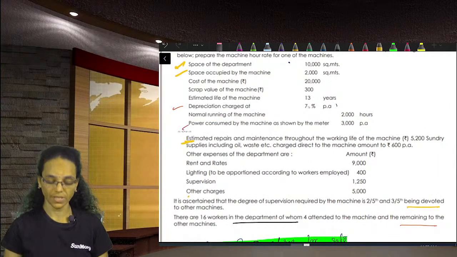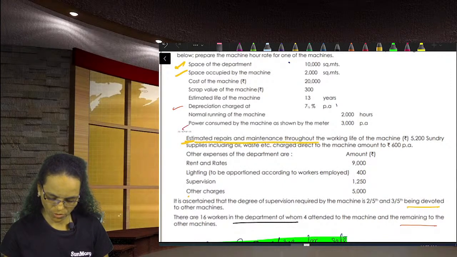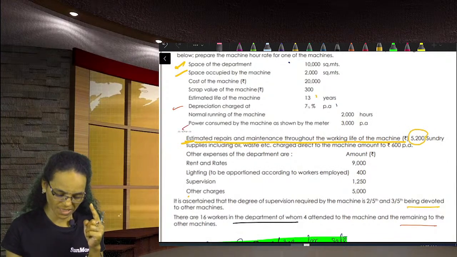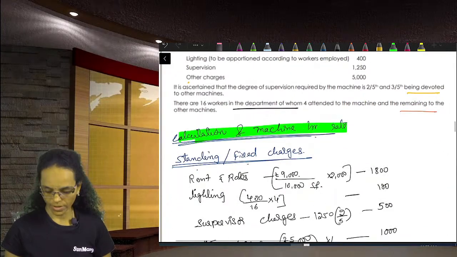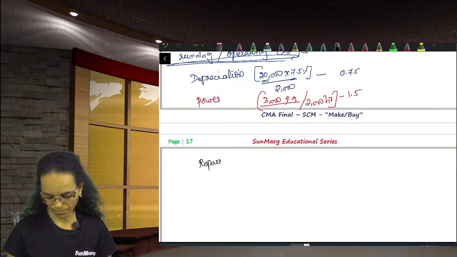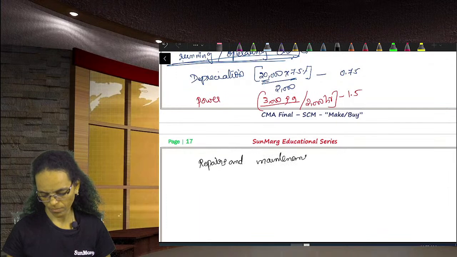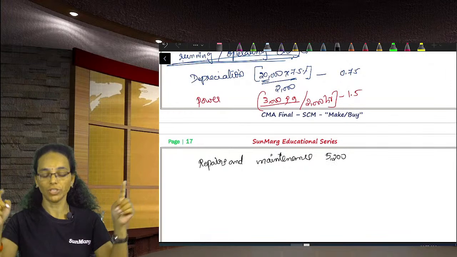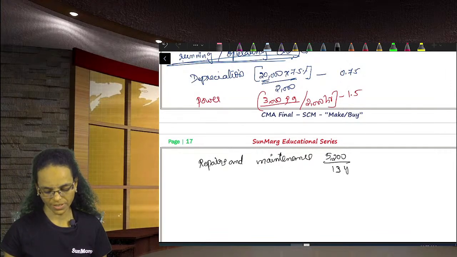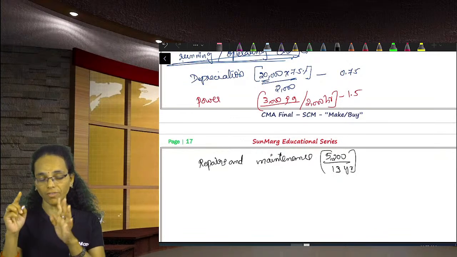Next, this portion we have not seen. Estimated repairs and maintenance throughout the working life of the machine is 5,200. How many years do we have? The life of the machine is 13 years. So repairs and maintenance is 5,200 for the whole life of the machine. Then what about per year? We have 13 years of life for this machine.